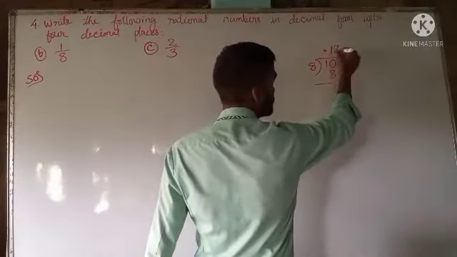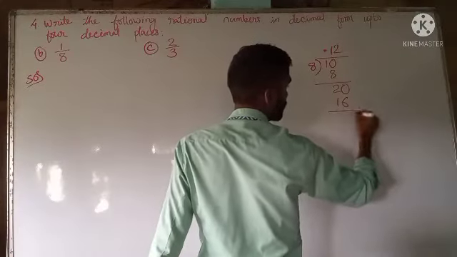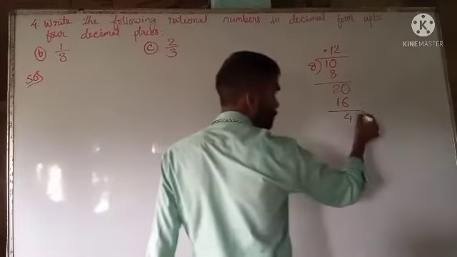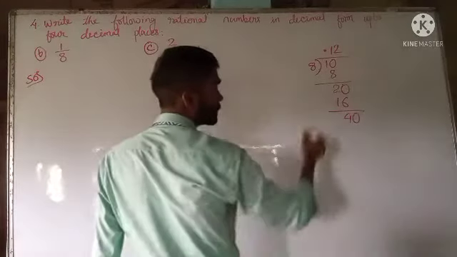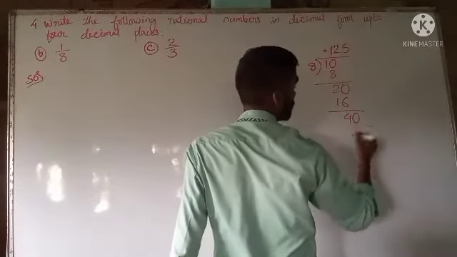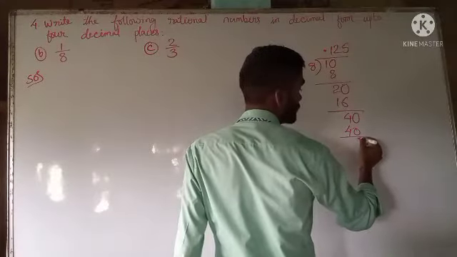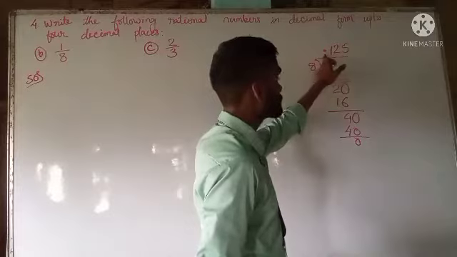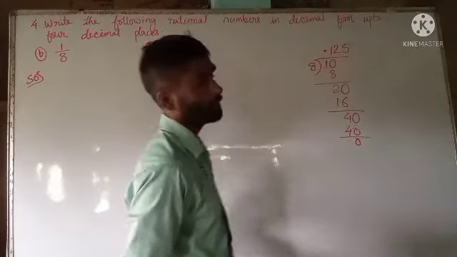Now 8, 2 times is 16. 20 minus 16 gives 4. Again it is not possible, so we write 1 0 again. 8, 5 times is 40. Now the remainder we got here is 0. Now we got the answer, that is 0.125.